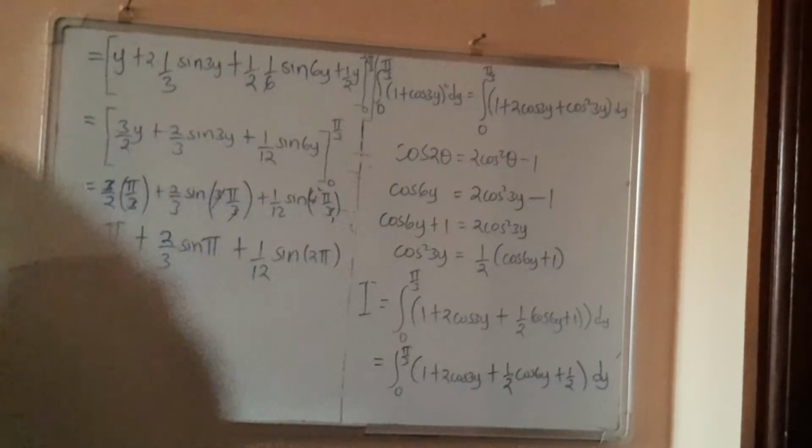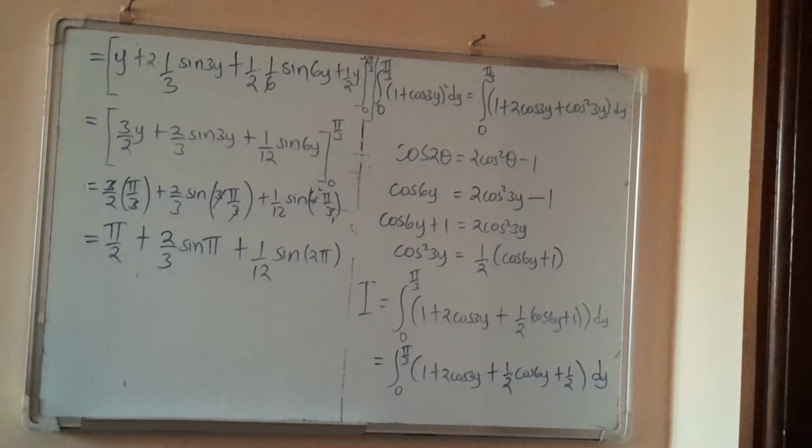Now observe that your calculator should be in radians, since you are dealing with small angles. Pi is 3.14, so it is a small angle. So you evaluate that in your calculator using radians: 2 divided by 3 sine pi plus 1 divided by 12 sine 2 pi.